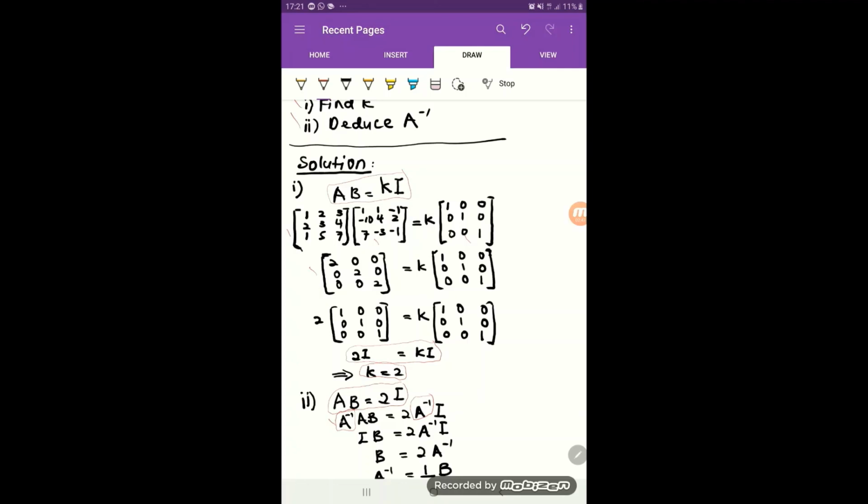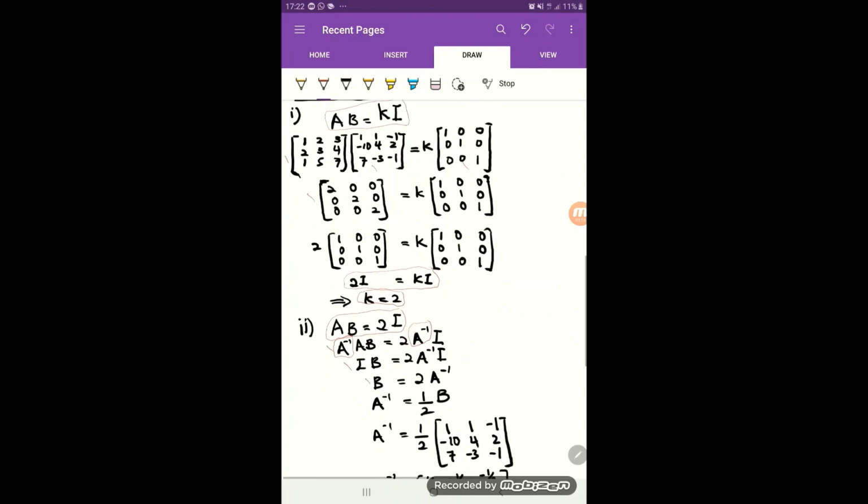And then A inverse times A, you will get identity. And then identity matrix times matrix B, you will get B. A inverse times I, A inverse. Any matrix which you multiply by the identity, you will get the own matrix.